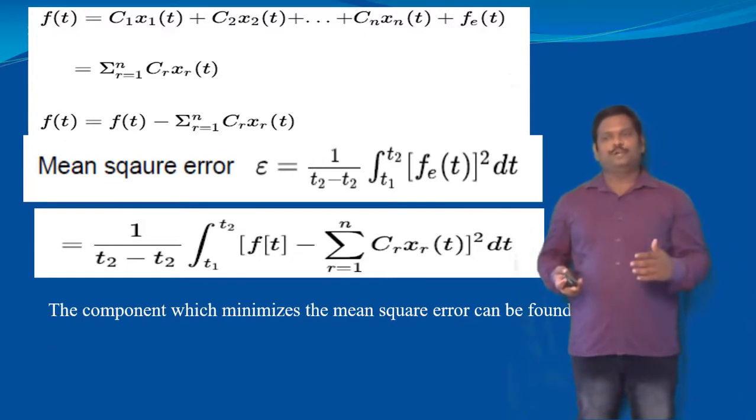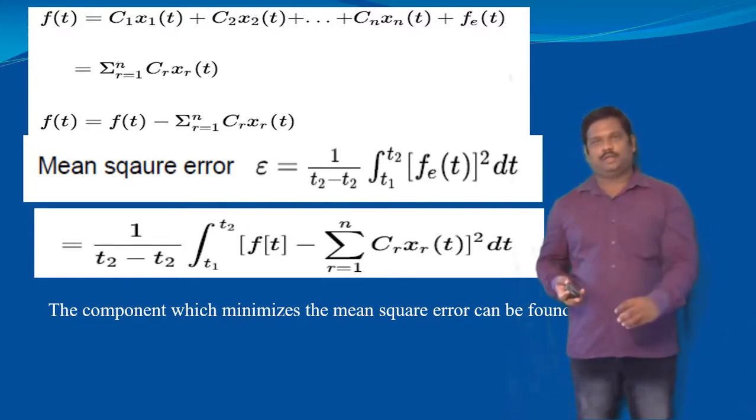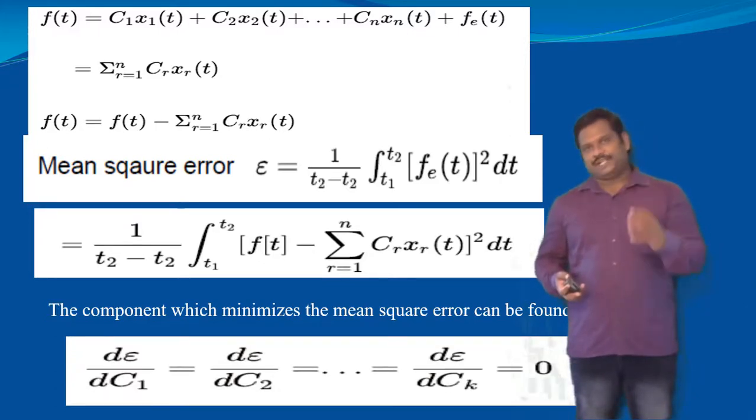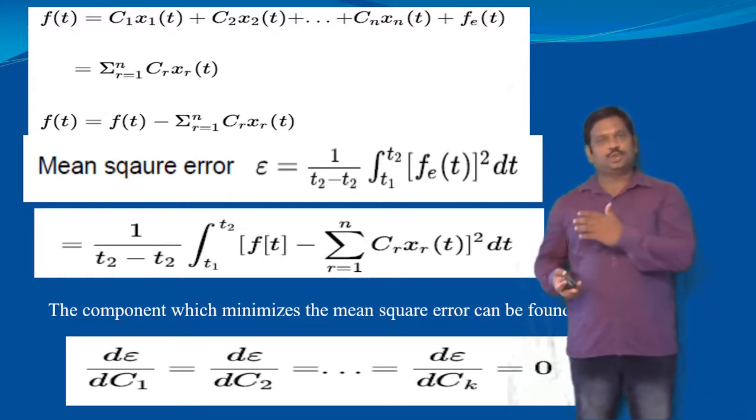Now we need to find the component which minimizes the mean square error. The mean square error should be minimum. For getting that particular component, we need to differentiate the error function E with respect to each of the components, that is C1, C2, C3 and so on up to Ck.